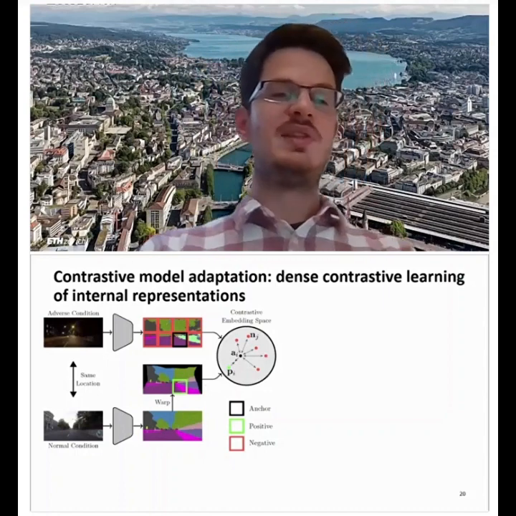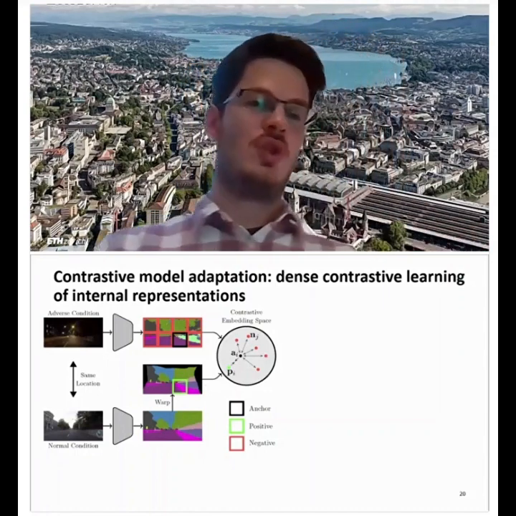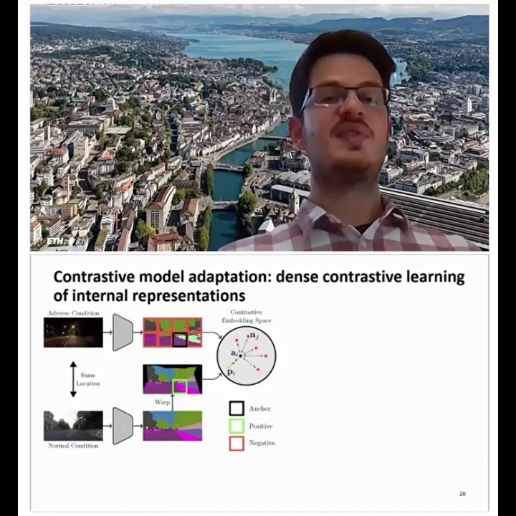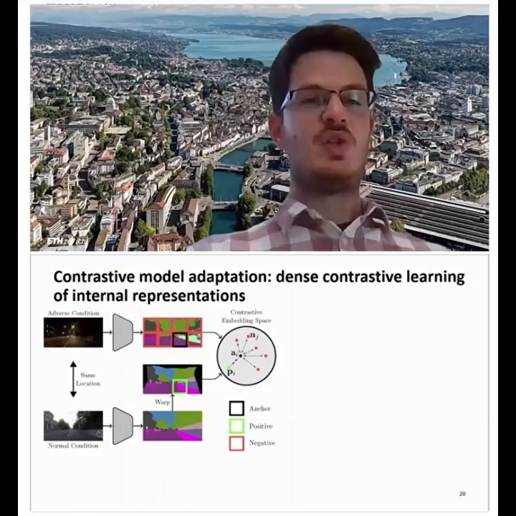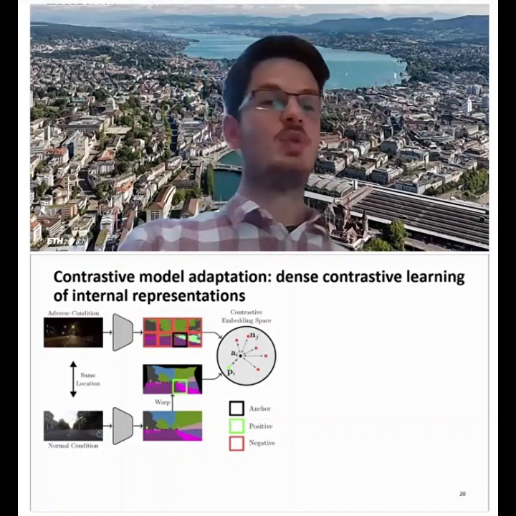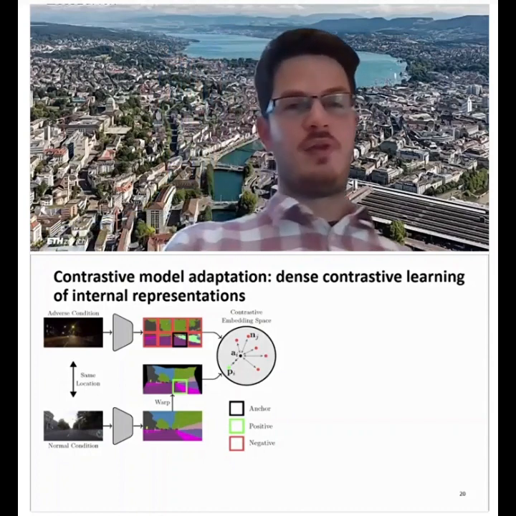So basically we take patches of the adverse condition image that we use as anchors. This is in black. Then all the other patches in the same image corresponding to different locations are negatives in the contrastive learning framework.